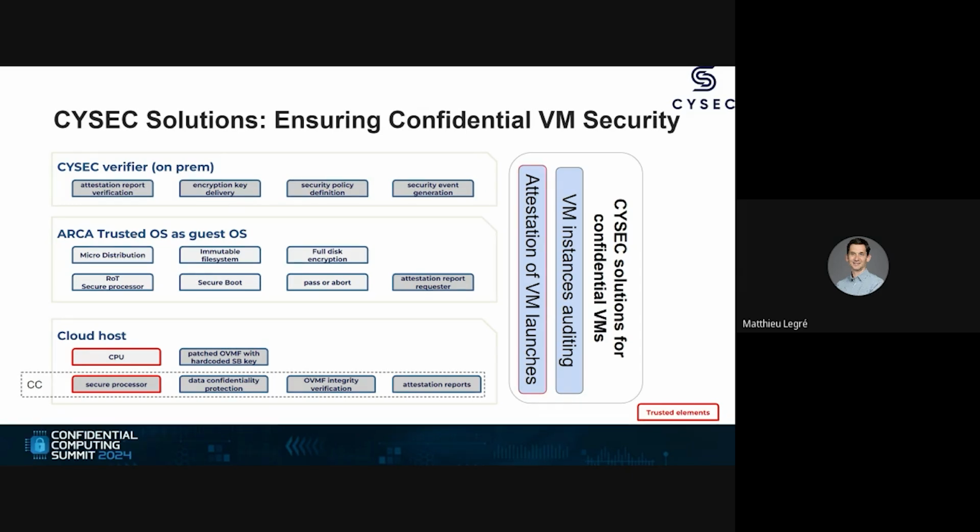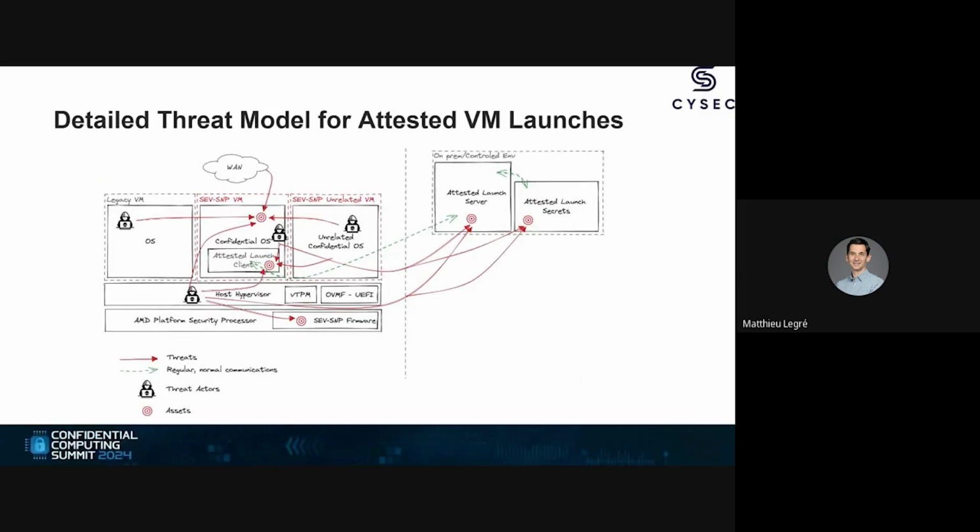Now I will continue with the attestation of the launch of a VM. That's the kind of threat model that we consider. That's the confidential VM that we consider. There is a client side or an agent. There is the host hypervisor with the vTPM or OVMF that we don't use. In our case, we use AMD SEV-SNP, so an AMD platform security processor with some firmware.